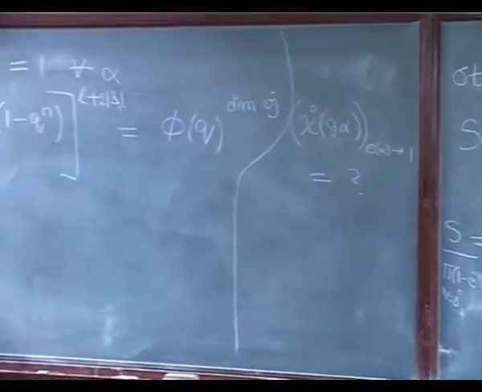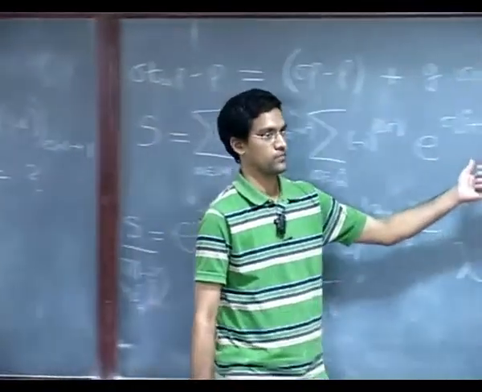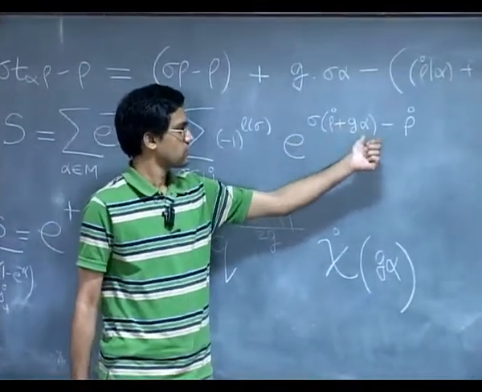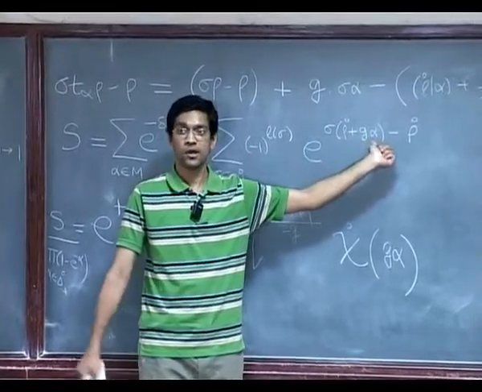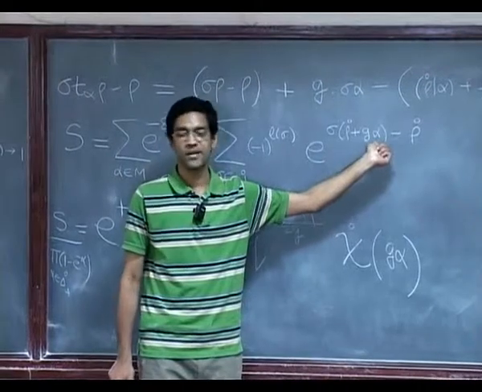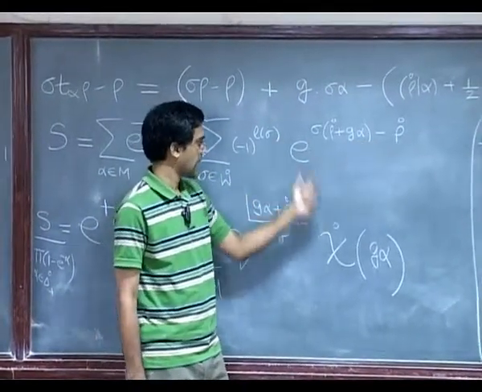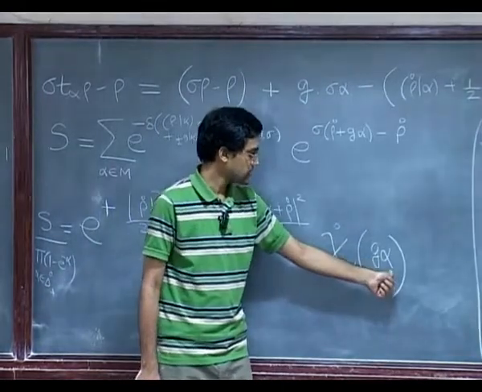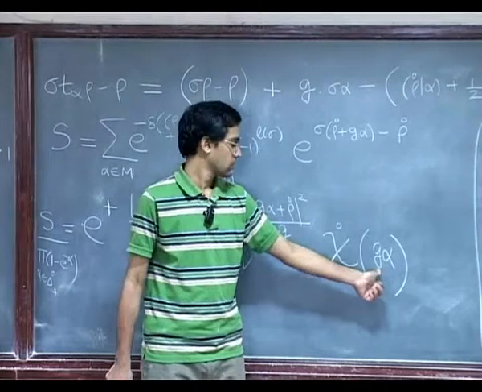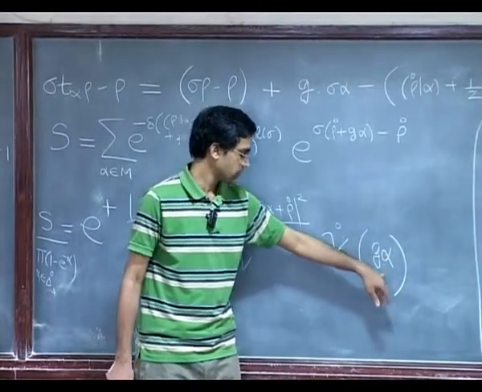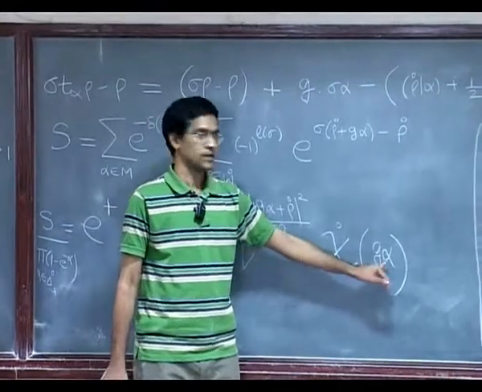It is the dimension of the corresponding representation. For the moment there is just a slight problem, which is that G alpha may not be a dominant weight. Remember when you say that this is the character of a representation, the highest weight must be a dominant integral weight. Now for the moment let's ignore that. If it is in fact a dominant integral weight, then this is a character of a representation.